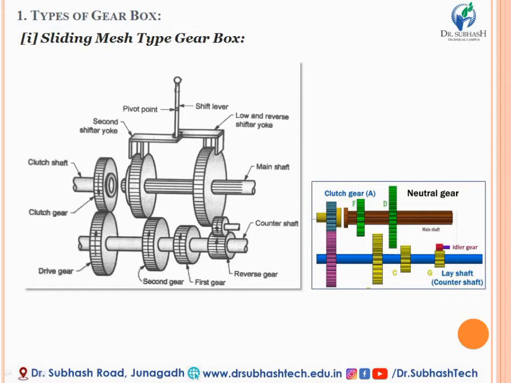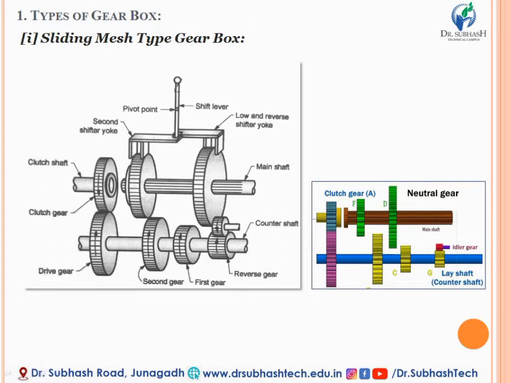Generally, in a normal automobile gearbox, first gear stands for higher torque, second gear is the intermediate gear, and third gear gives lower torque. First gear gives higher torque but very low speed. The intermediate gear has moderate speed, whereas the third gear has high speed but very low torque.